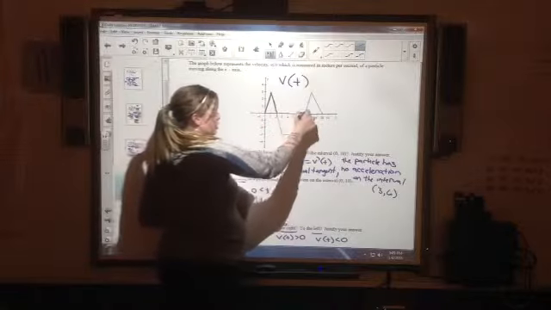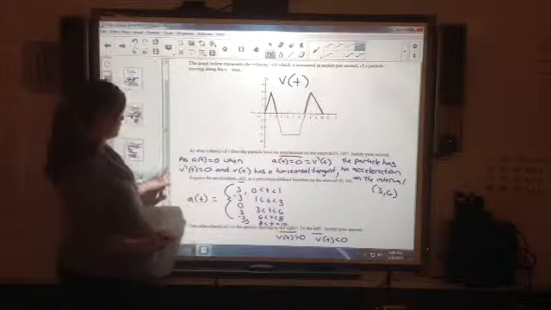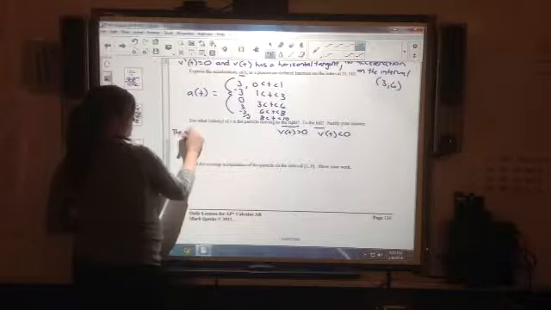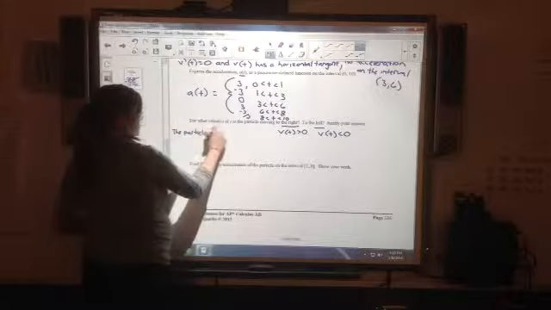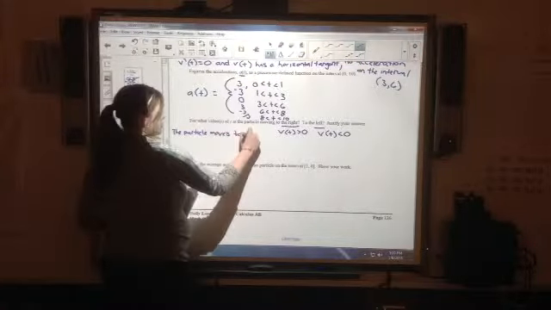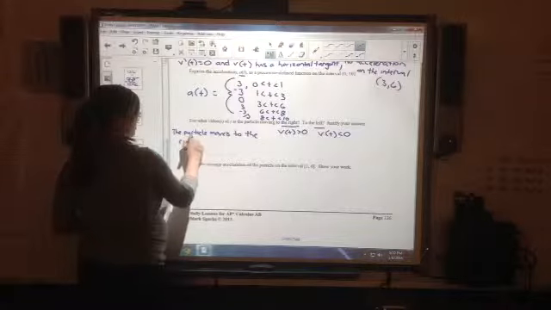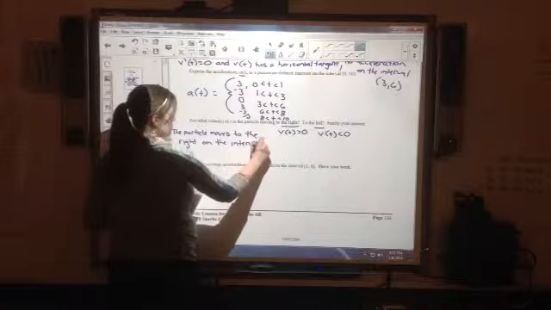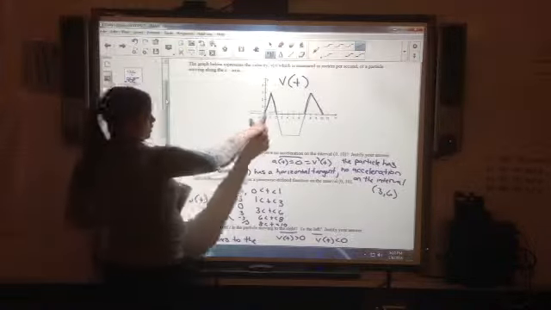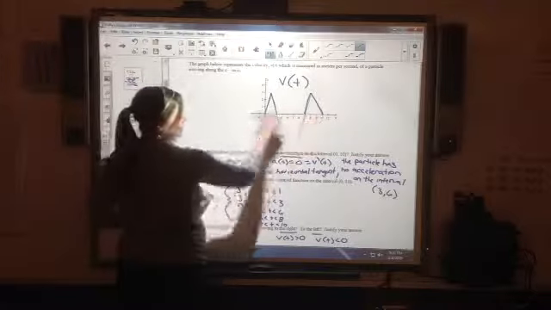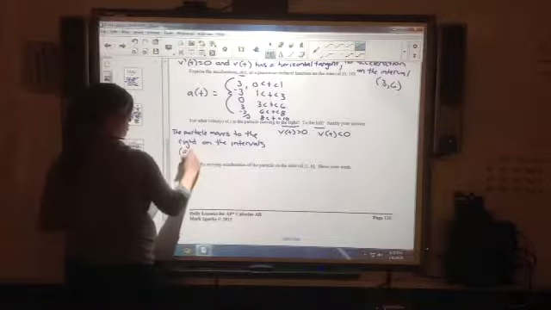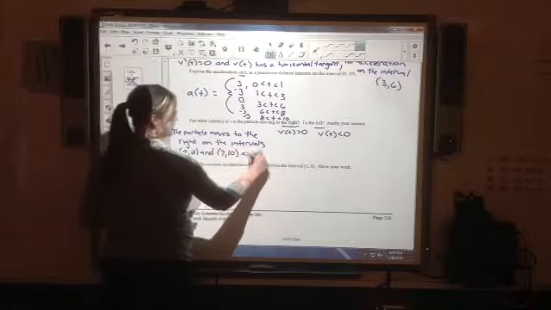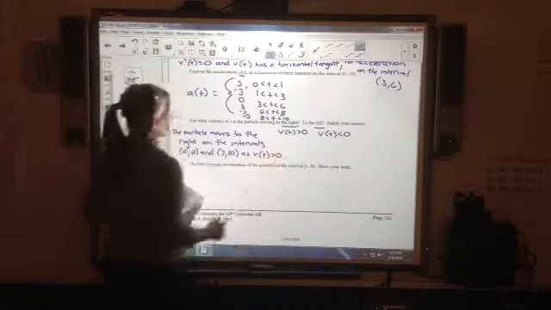So the particle moves to the right on the intervals 0 to 2 and 7 to 10, as v of t is greater than 0.